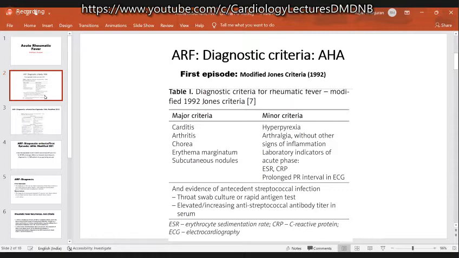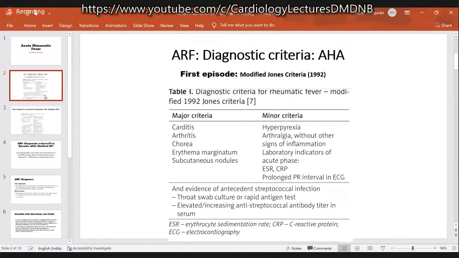So the diagnostic criteria for acute rheumatic fever 1992 were these major criteria, minor criteria, and evidence of antecedent streptococcal infection: throat swab culture or rapid antigen test positive, elevated or steadily increasing anti-streptolysin antibodies titer in the serum.